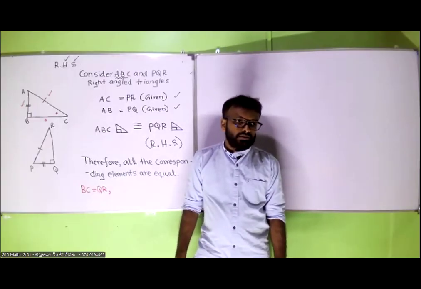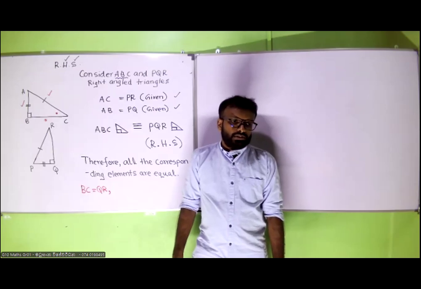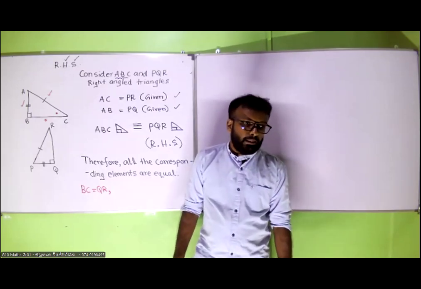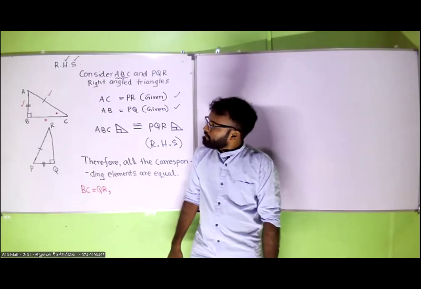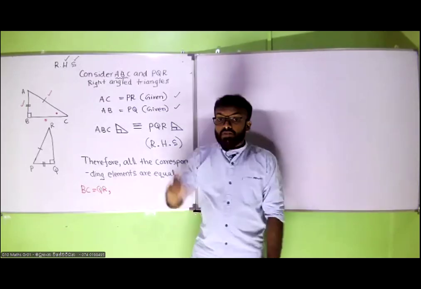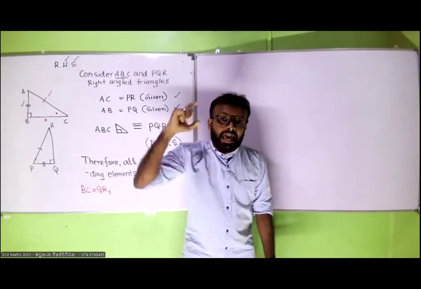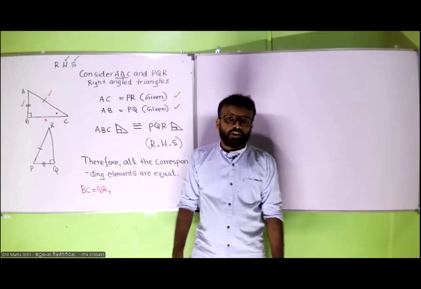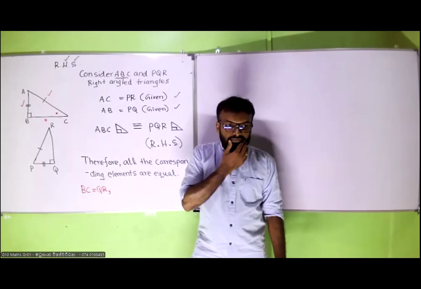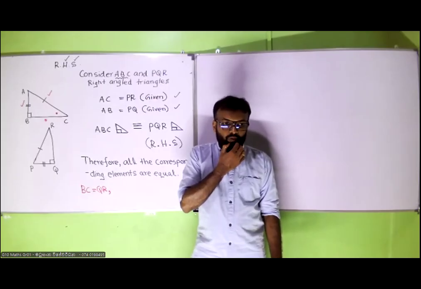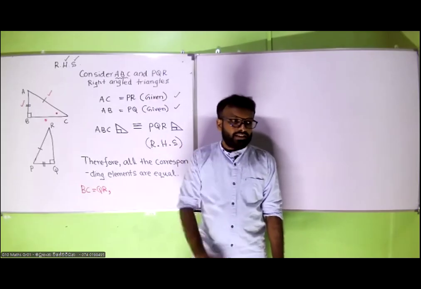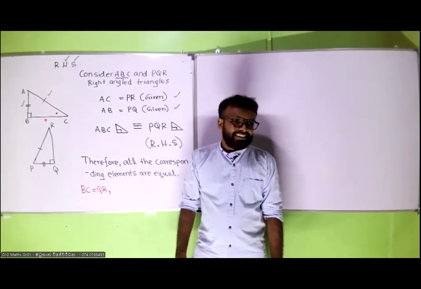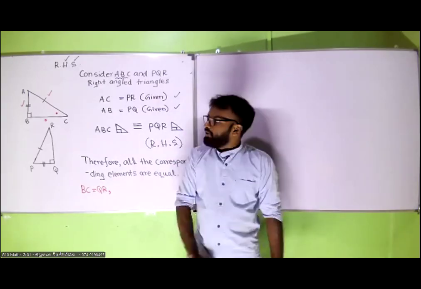Kevin? BC. No, I'm asking you, what is the opposite angle for AB side? Sandanu? BC, ACB. Okay.